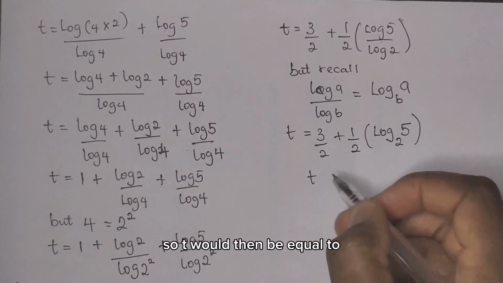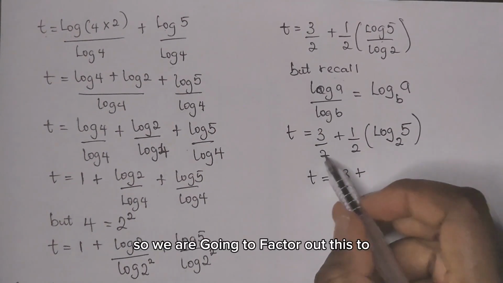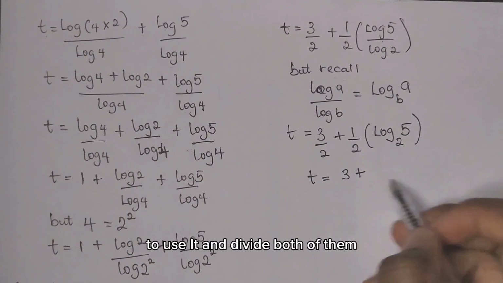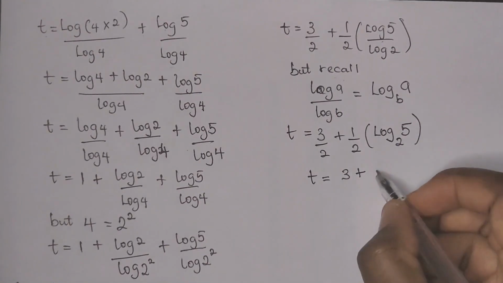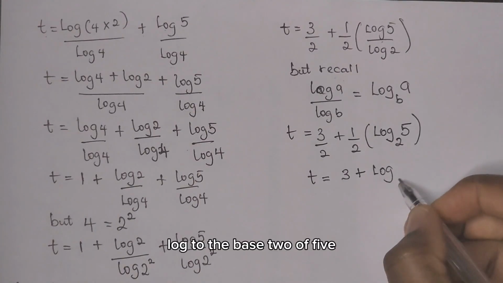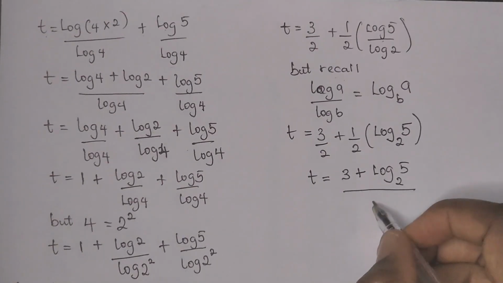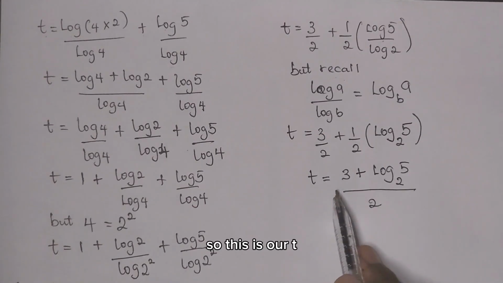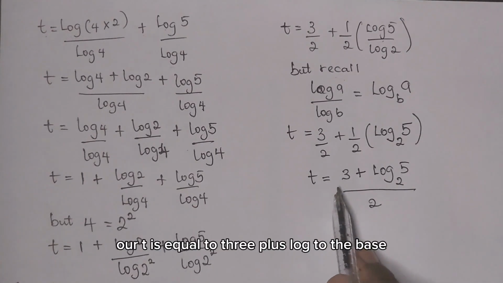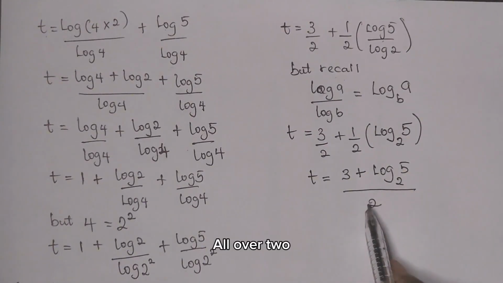So t will then be equal to 3 plus log to the base 2 of 5 all over 2, factoring out the 1 over 2. So this is our t. Our t is equal to 3 plus log to the base 2 of 5 all over 2.